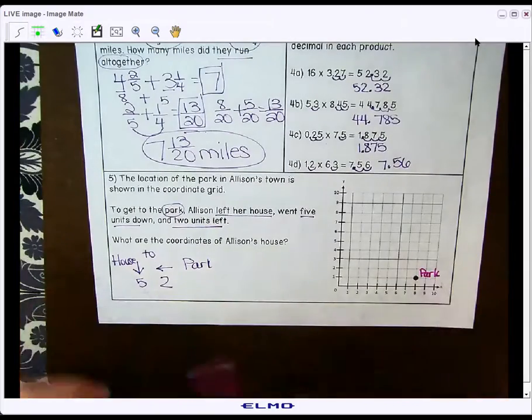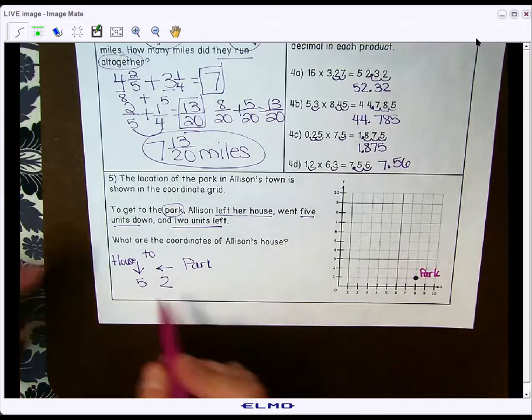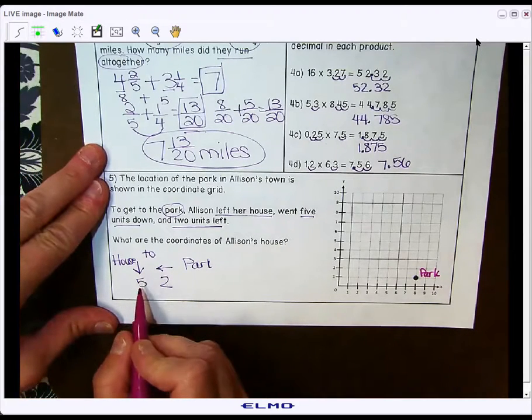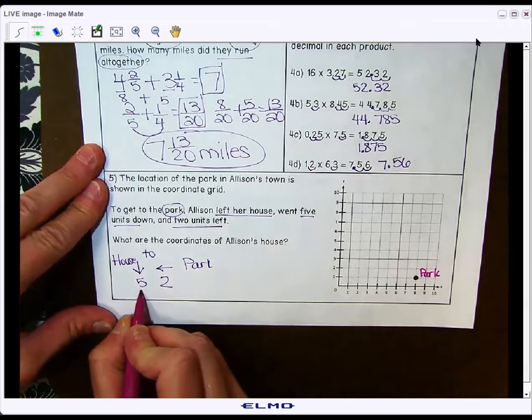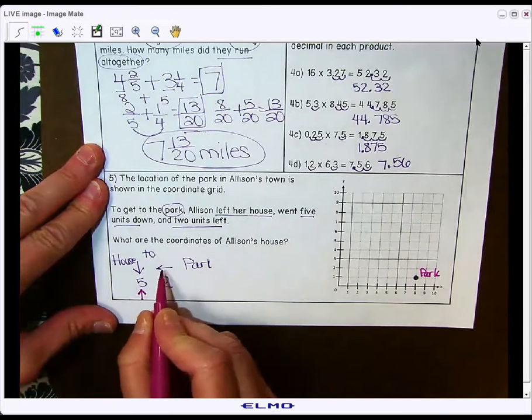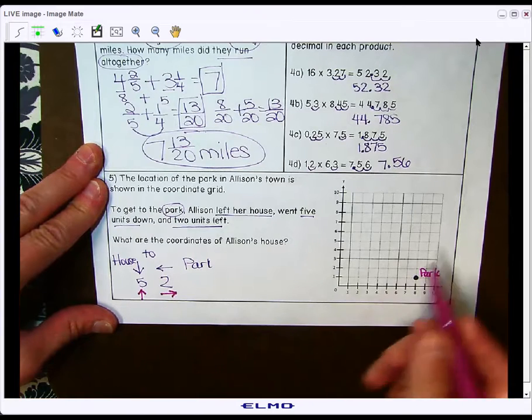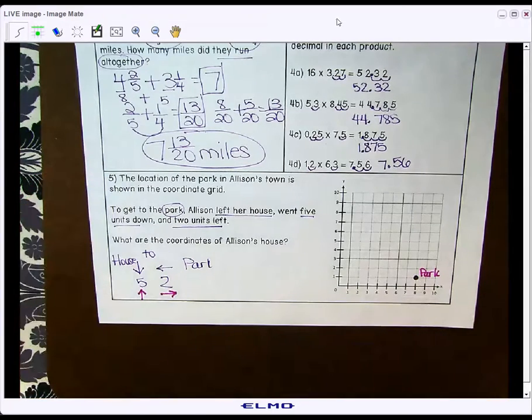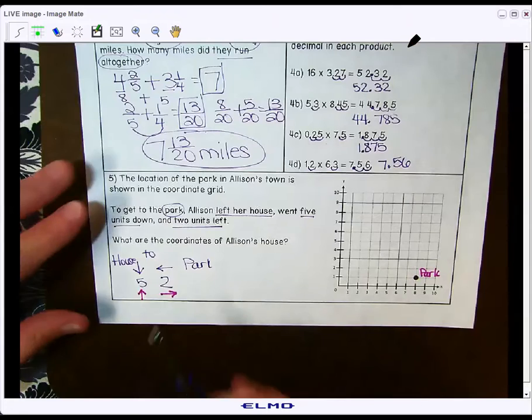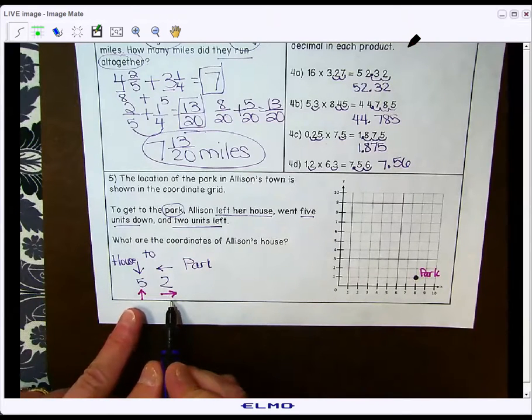Okay, and so we're going to have to go backwards from the park because she's really going from the house to the park. So instead of going down 5, we will be going up 5. And instead of left 2, we will be going right 2. So let's see where that places us. And remember, since we are going the opposite direction, these would have to be in reverse order.